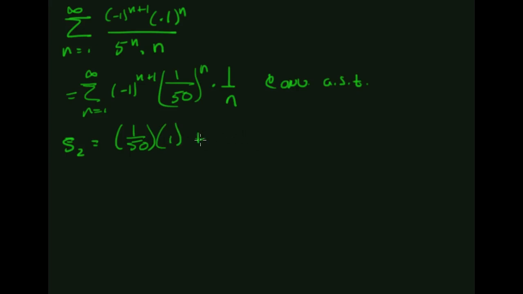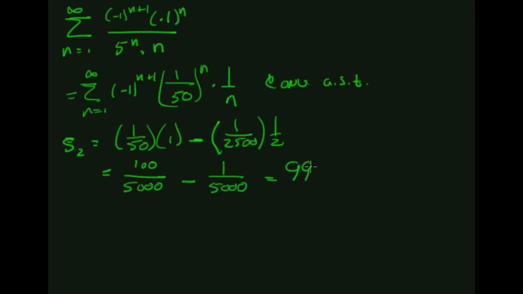The second term is going to be negative. So this is going to be 1 over 50 squared, so that's 1 over 2500 times 1 over 2. Actually, let's see, that's 1 over 50, so that is 100 over 5,000 minus 1 over 5,000. Makes my estimate here 99 over 5,000.